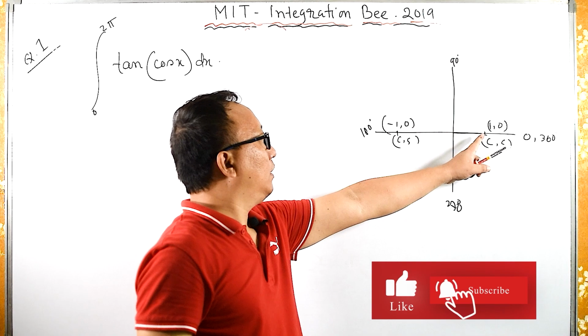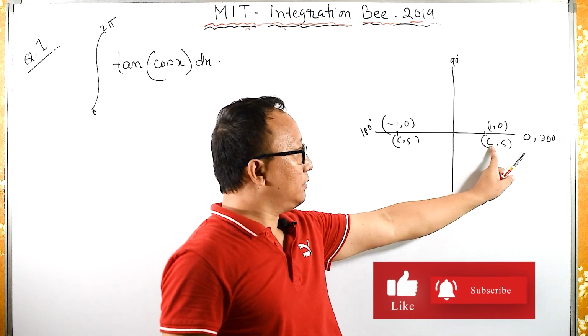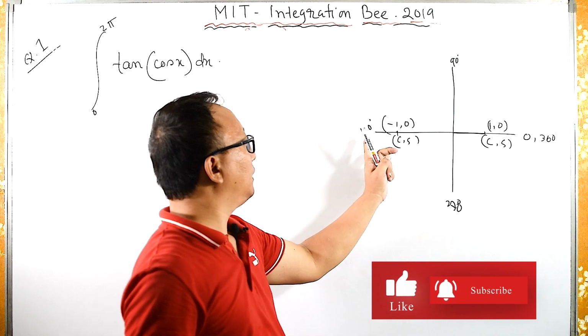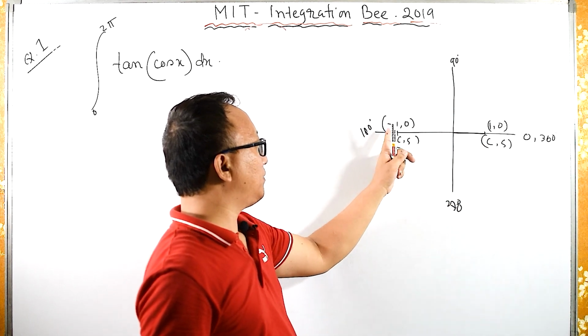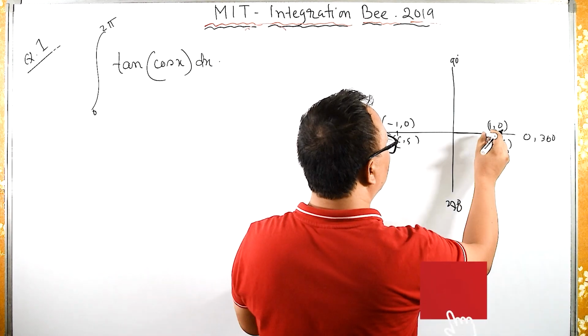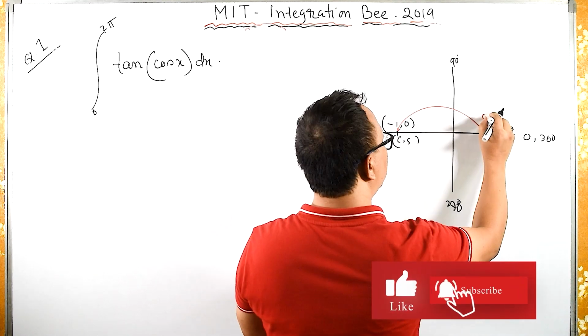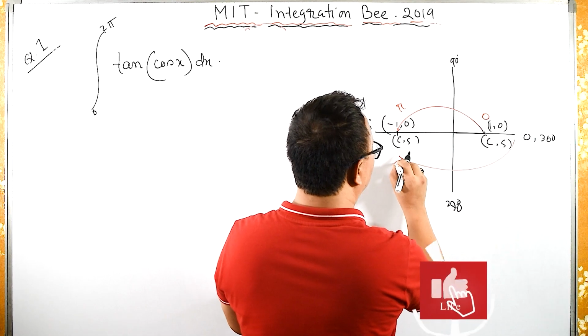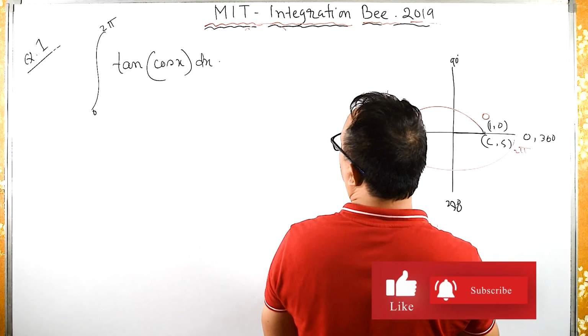Cos 0 degree is 1, as well as cos 360 degree also 1. Similarly, cos 180 degree is minus 1. Now from here to here is 0 to pi, and from here to here is pi to 2 pi.